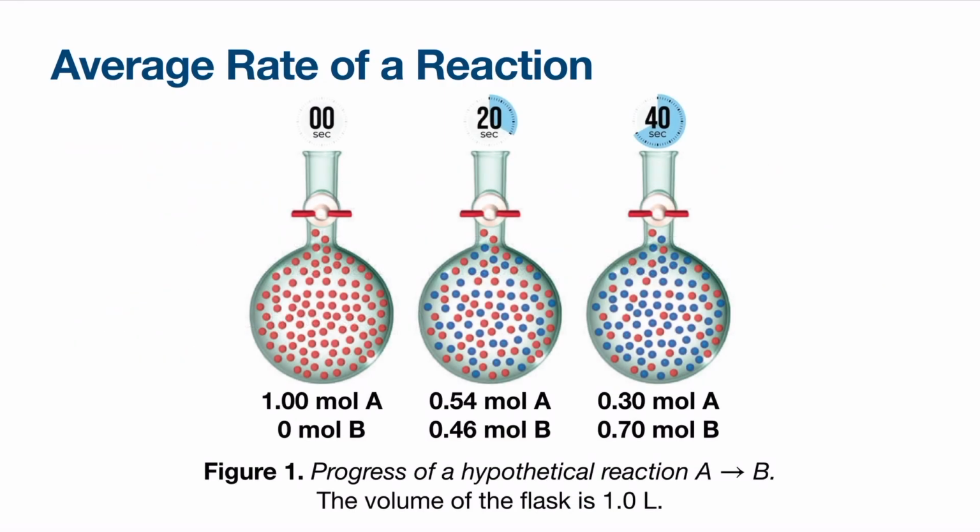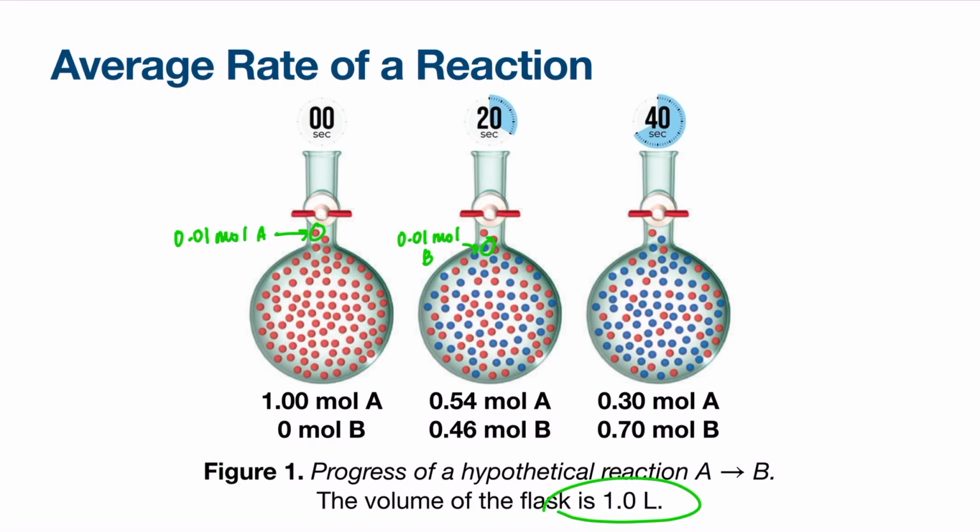Let's consider the hypothetical reaction A to B depicted in figure 1. Each red sphere represents 0.01 mole of A. Each blue sphere represents 0.01 mole of B. And the container has a volume of 1 liter.